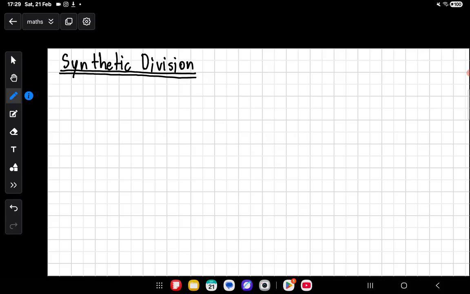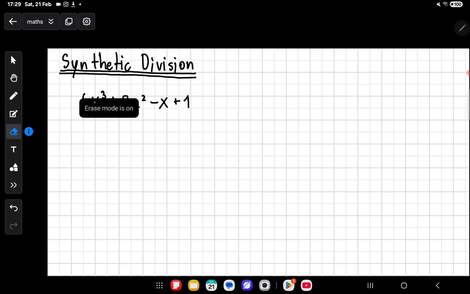First, let's get, say, a degree 3 polynomial, like x cubed plus 2x squared minus x plus 1. So now, what if we want to divide this by x plus 1?